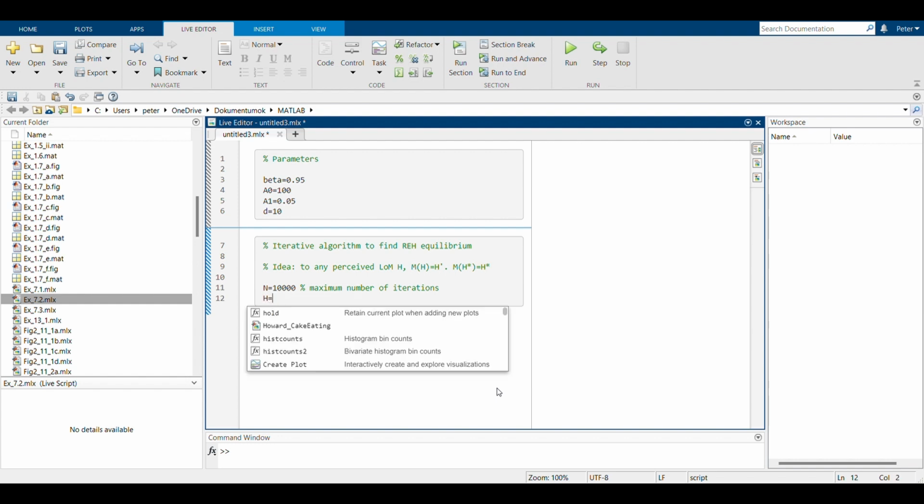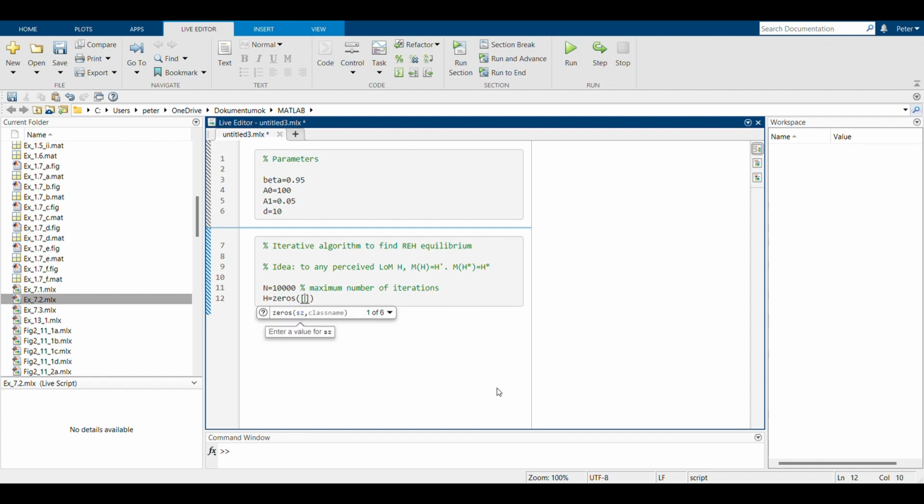As we need to compare the belief law of motion and the actual law of motion, the easiest way to do it is to collect these perceived and implied functions in a huge matrix, because working with a matrix is easy.